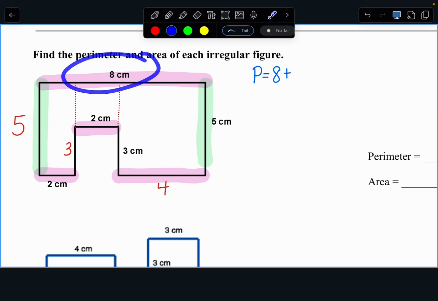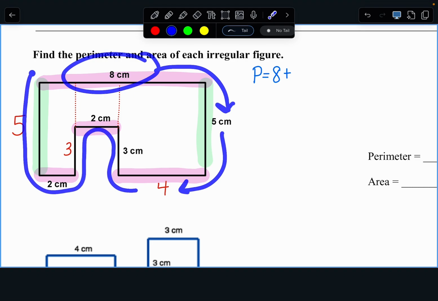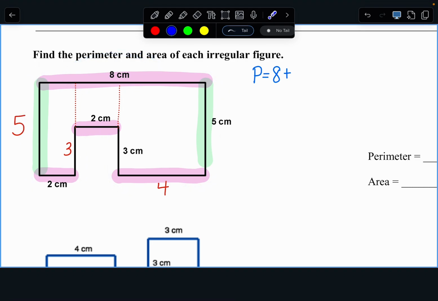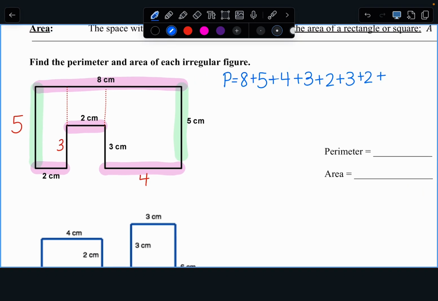If we start with 8, my suggestion is to go around the outside to every single piece until you get back to the original. So 8 plus 5 plus 4 plus 3, 2, 3, 2, and 5.